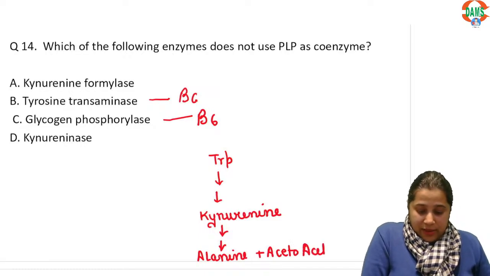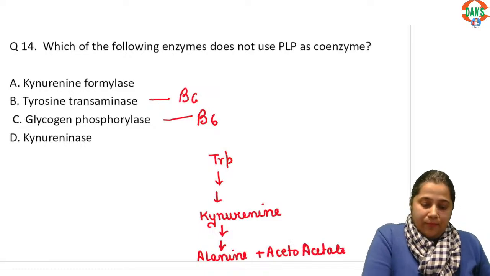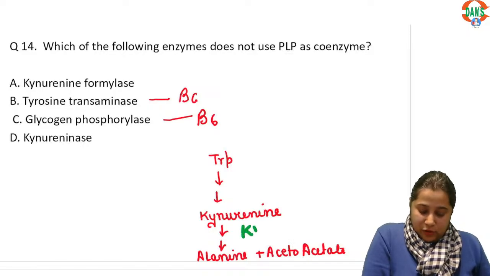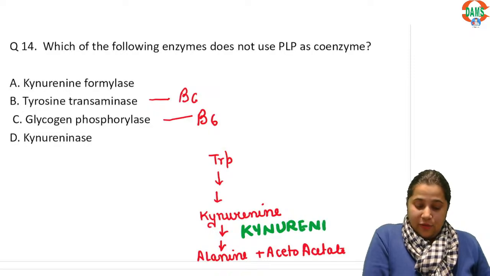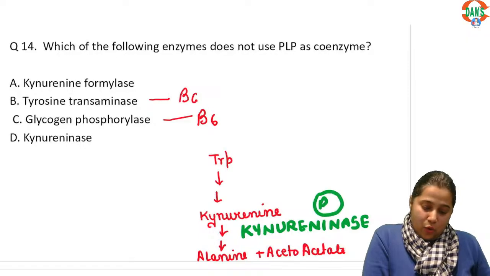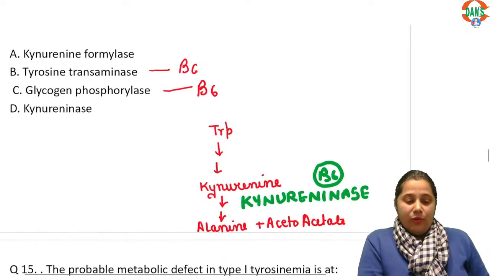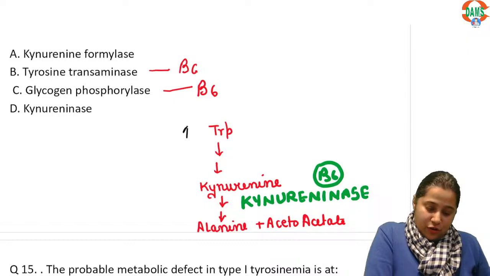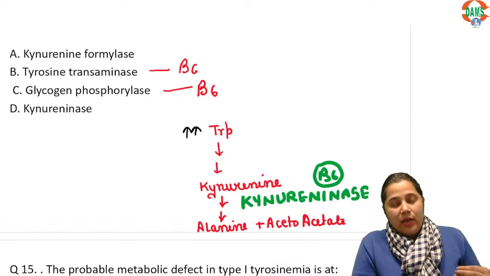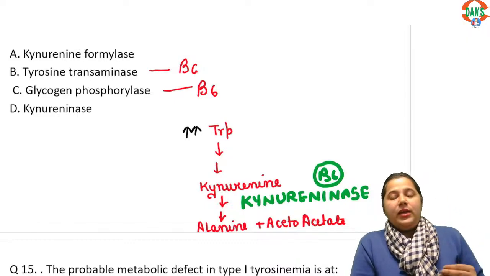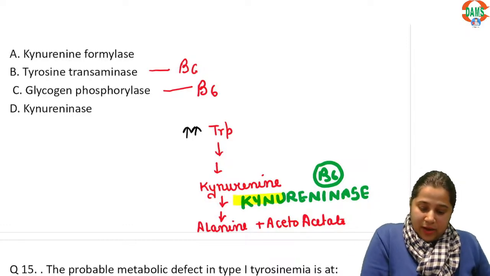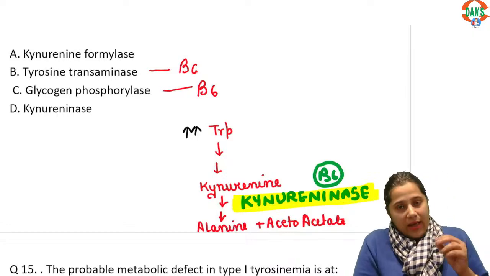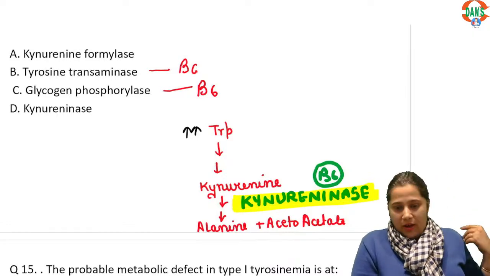If somebody does not have the enzyme kynureninase, which requires vitamin B6, there is a very famous test known as the tryptophan load test. In this, we give a large concentration of tryptophan. It is converted to kynurenine, which is then converted to alanine and acetoacetate. If there is adequate vitamin B6, the enzyme kynureninase will function.